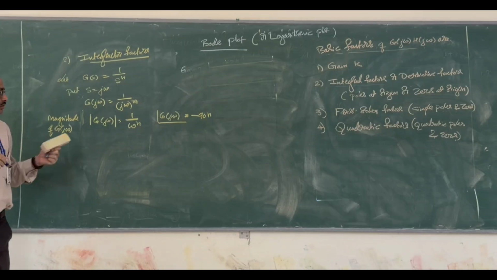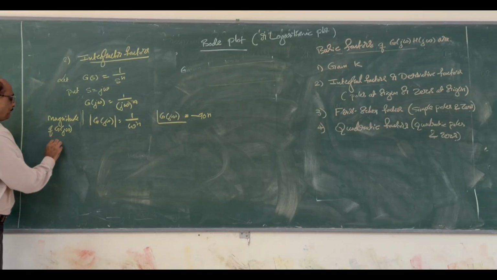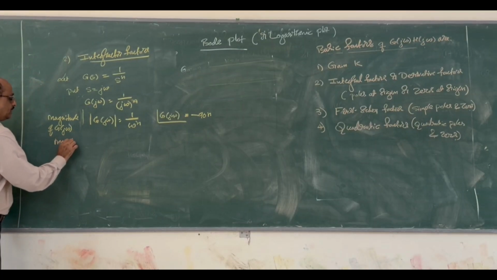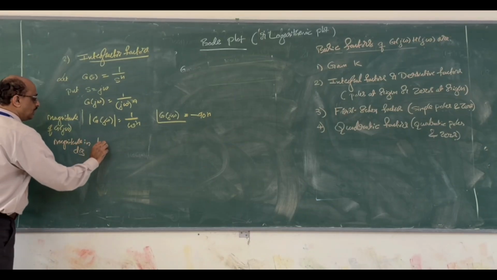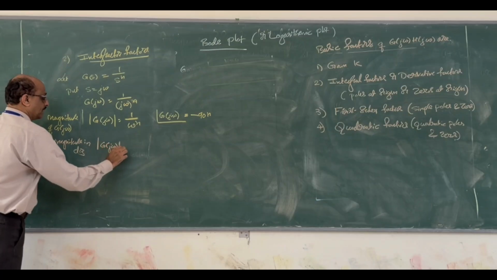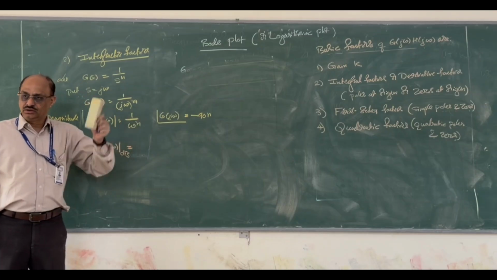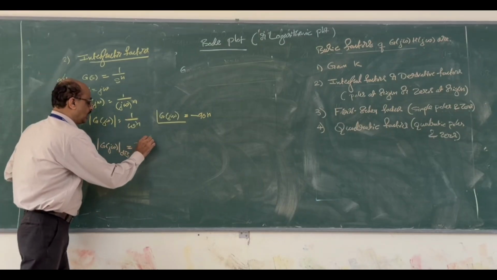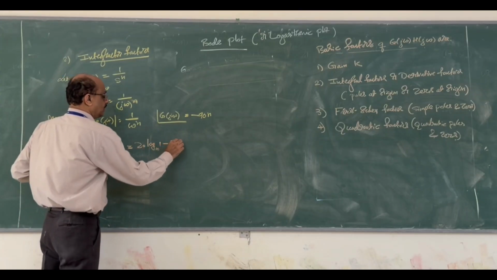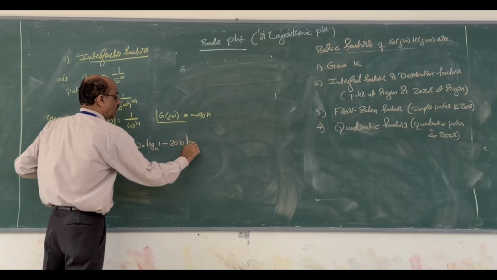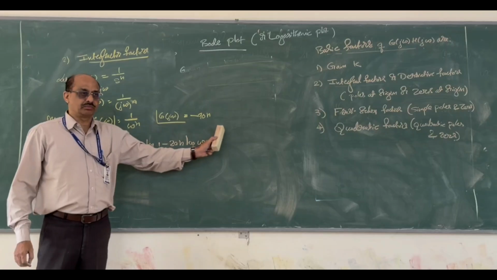Now take the magnitude in decibels. Magnitude in dB of G(j omega) is 20 log of 1 over omega to the power of n, log base 10.